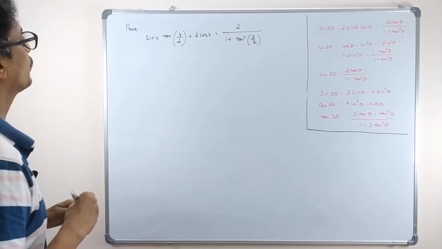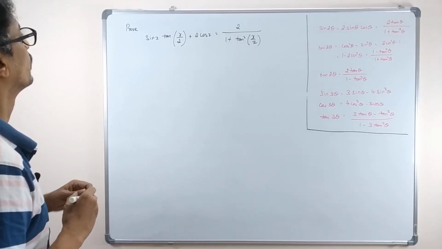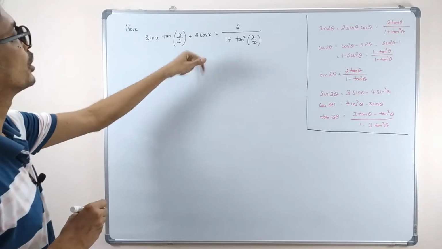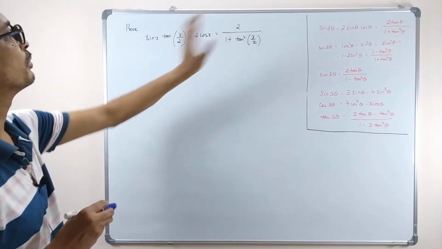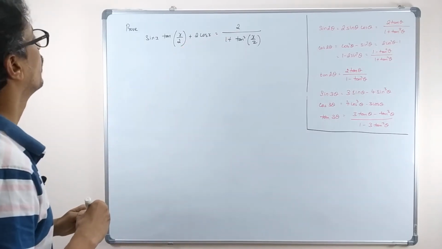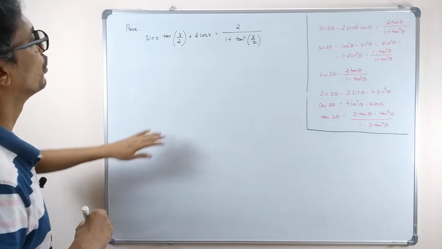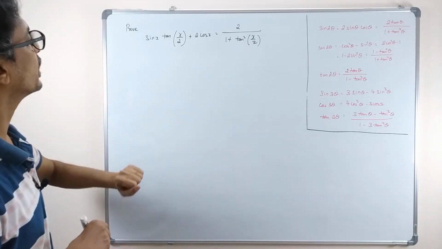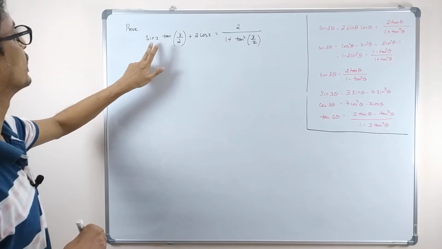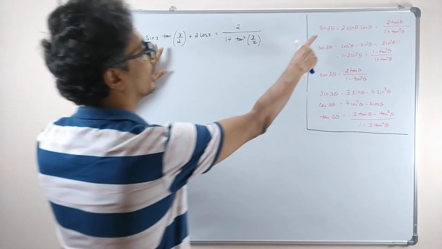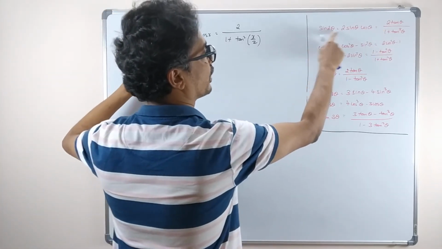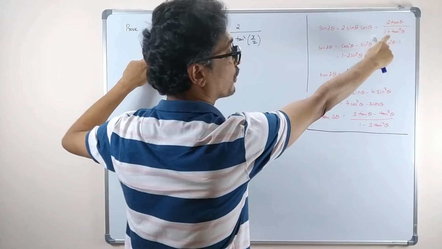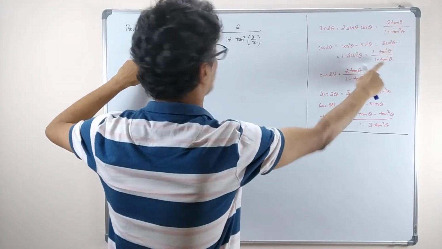Okay, so let us do this problem. Sin x tan x by 2 plus 2 cos x equal to 2 upon 1 plus tan square x by 2. How do we do this? So basically you want to get in tan x by 2, right? So then we can use this sin 2 theta formula in tan, right? Sin 2 theta equal to 2 tan theta divided by 1 plus tan square theta, and similarly this we have.